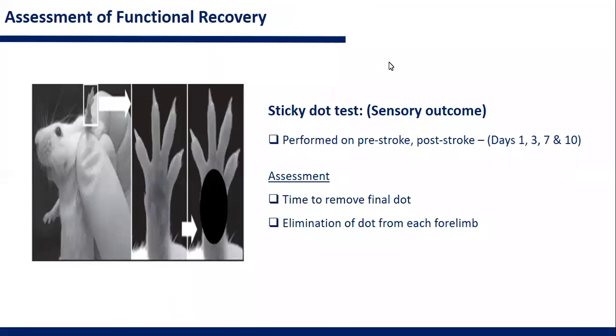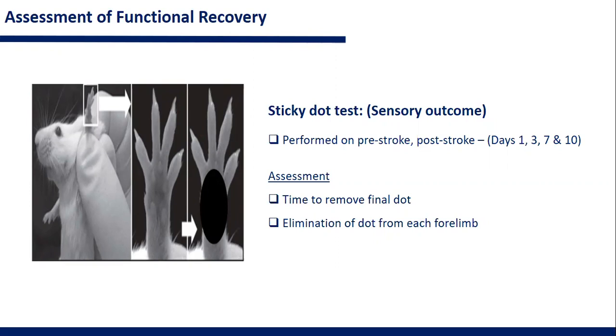Moving towards the functional or behavioral setup. Animals were assessed for functional impairments pre-stroke and post-stroke on day 1, day 3, day 7, and day 10, as I mentioned earlier. Two tests were used, mainly the sticky dot test and the cylinder test. I'll give you a bit of introduction to the cylinder test in the next slide.